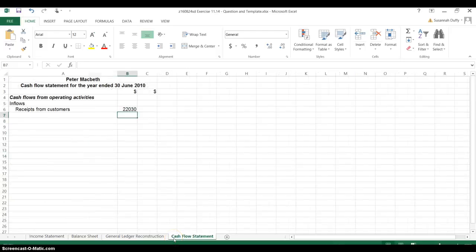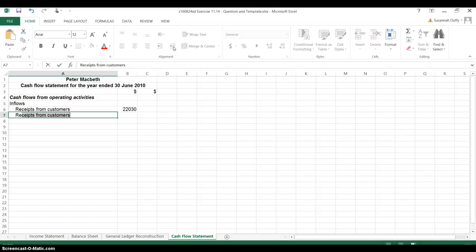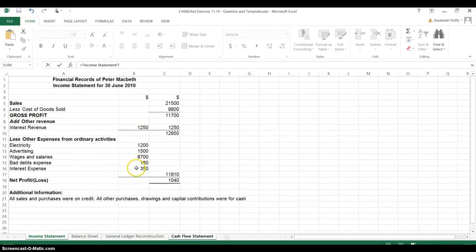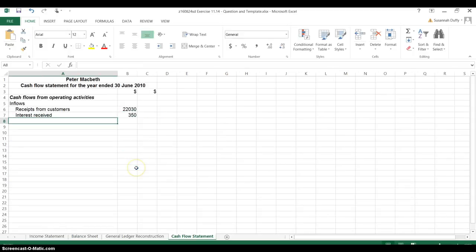So we know that we can put that figure straight in here. So we'll put in our title, interest received, okay, which will be equal to that figure on the balance sheet, which is $350.